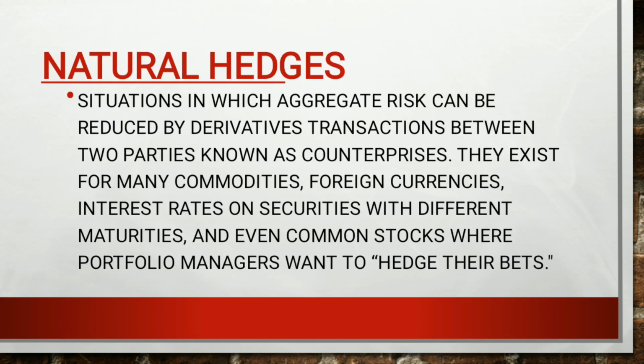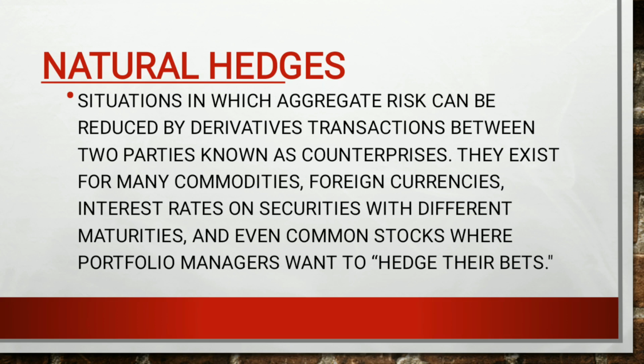These are situations in which aggregate risk can be reduced by derivatives transactions between two parties known as counterparties. They exist for many commodities, foreign currencies, interest rates on securities with different maturities, and even common stocks, where portfolio managers want to hedge their risk.